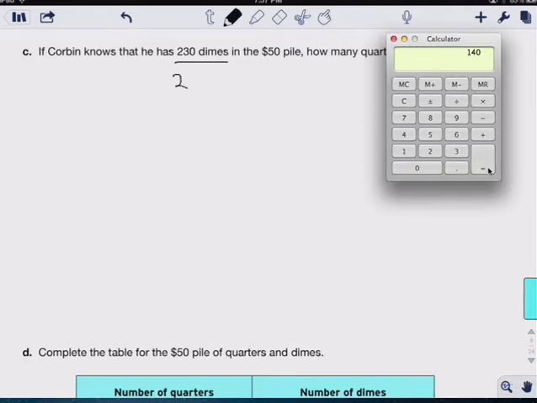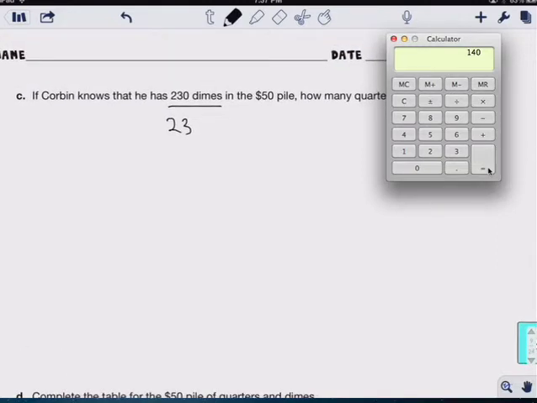We've got 230 dimes. So dimes are 0.1y. Substitute that, so times that by 0.1, because that's how much dimes are worth: 10 cents times how many dimes there are. Plus, we want to know how many quarters.